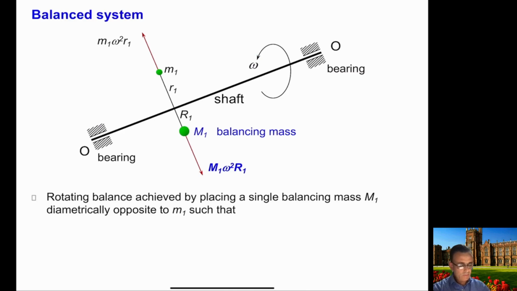Now this system will be in balance when we can satisfy this condition, that this force, which is M1 omega square R1, is equal to this force here, so M1 omega square R1.